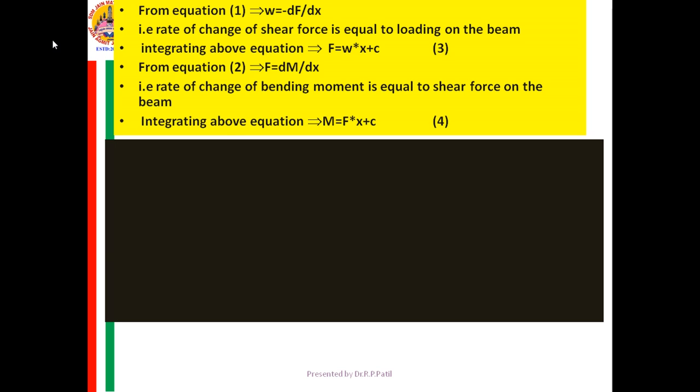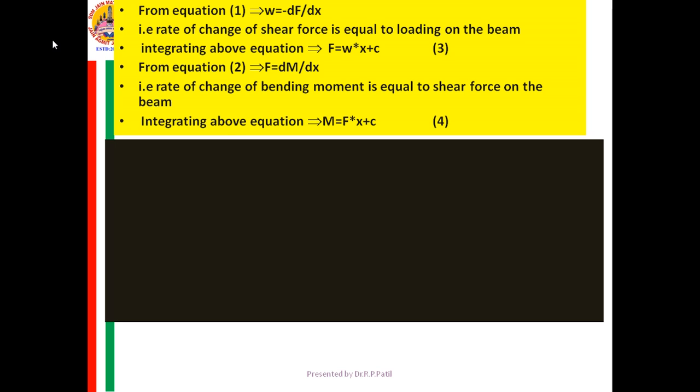If F is Ax plus C, now what is M? Ax square plus Bx plus C. Whenever you are drawing any variation, you are observing the highest power of the variable.